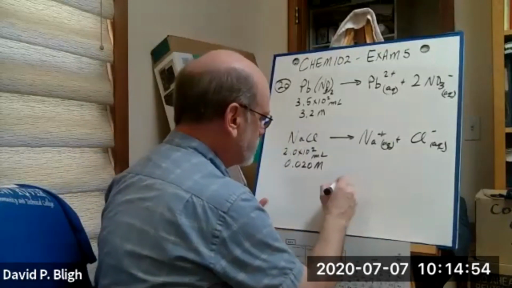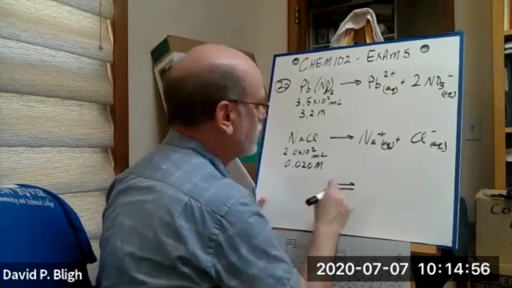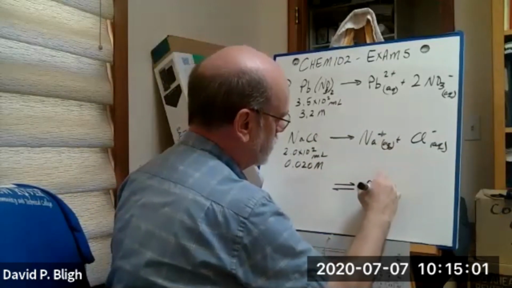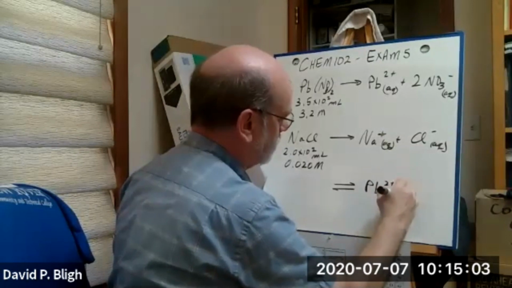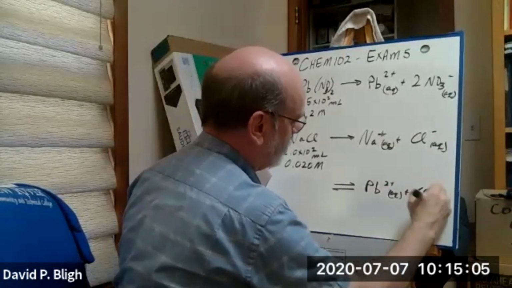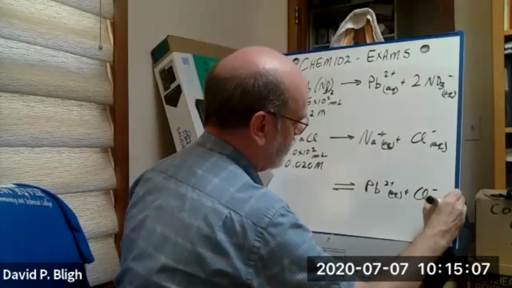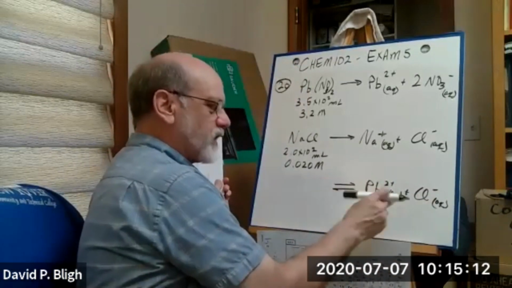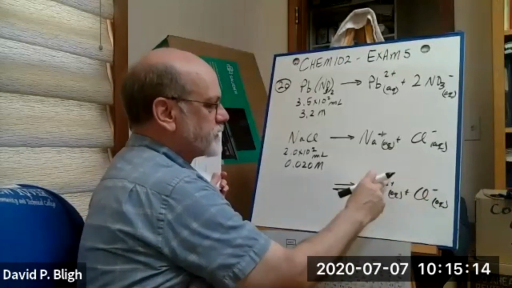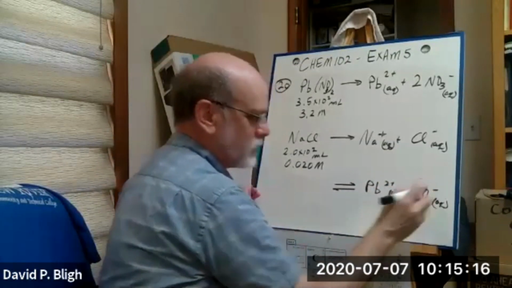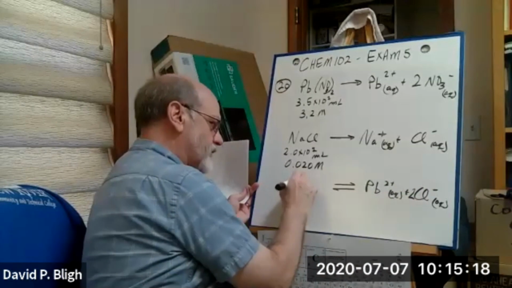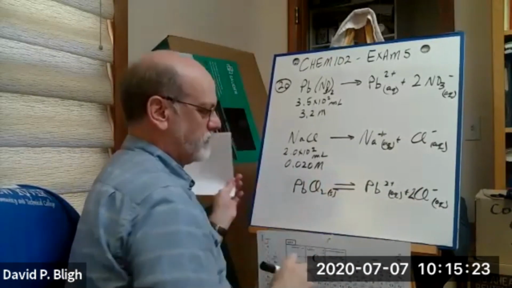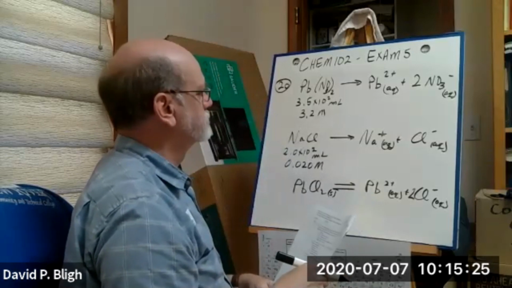So that means we need the anions on this side. Well, what are they going to produce, right? That's a 1 minus and this is a 2 plus. So it's going to take 2 of those. And then backwards we have this and that.